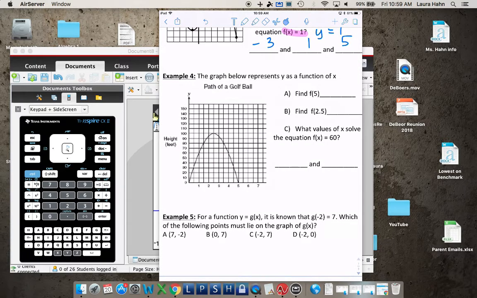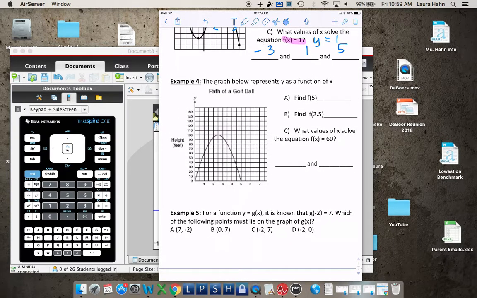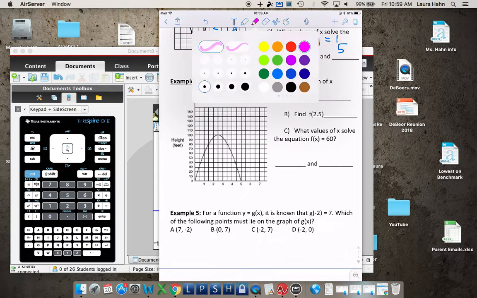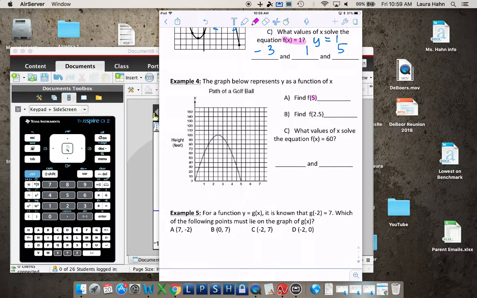All right, let's try this again. Okay, so remember the number inside of your parentheses is your x. So I know what x is, 5. These are your x-axis down here. This is x, so I'm going to go where x is 5.